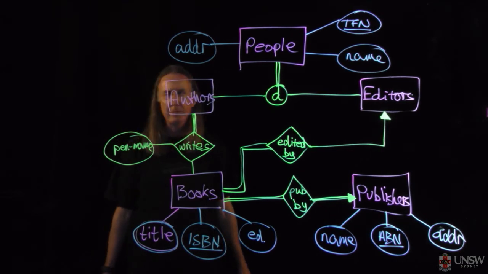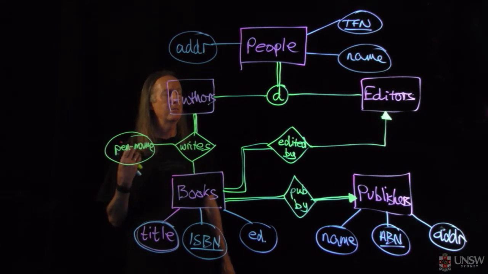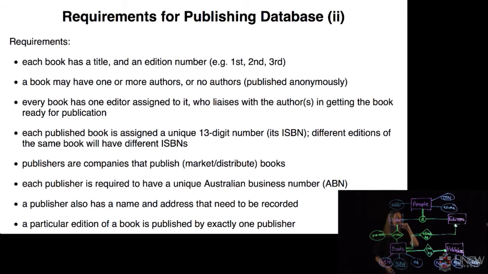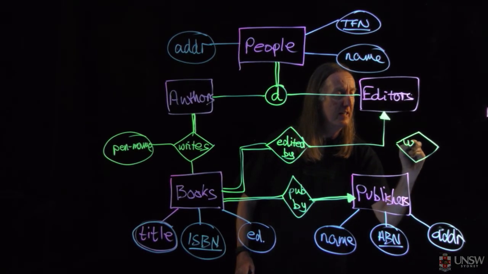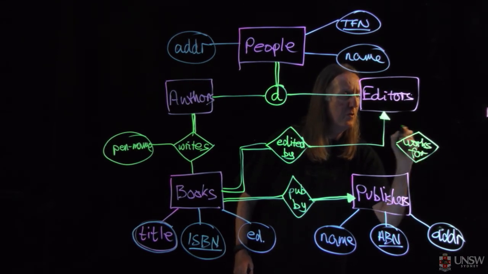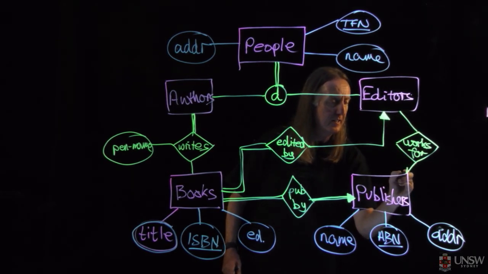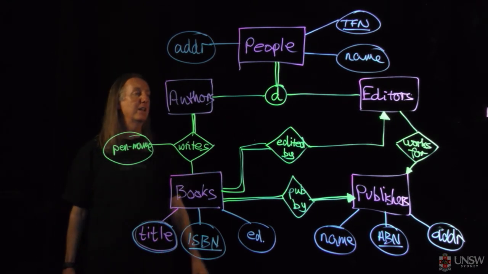There should be a relationship between editors and publishers. If we go back and look at the requirements, it says that a particular editor works for one publisher. So we don't have editors who spread their workload around. So there's a relationship between editors and the publishers that they work for. And I just said that editors work for one publisher for their whole editorial life, and so we could represent that by that arrow there.